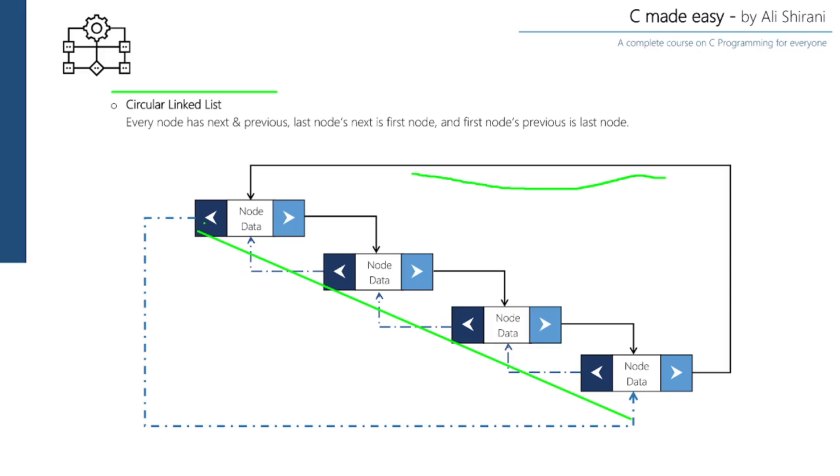So to reach the head, for example, or the tail, from the head, if you have already linked, you would know that the tail is the previous of the head. And if you reach the end of the list, of course, you would be able to immediately jump to the head.